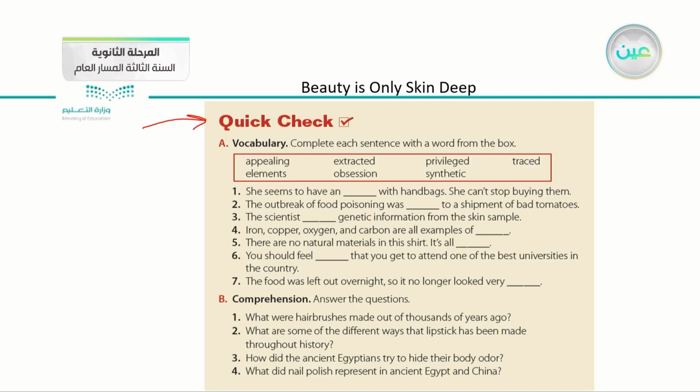We will explain each one of them, then we will put each one of them in the proper blank. Then after that, we will move to the comprehension part, where we have some questions that will be answered by your understanding of what you have just read.